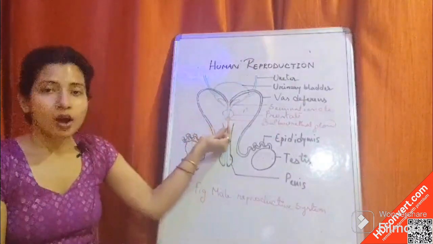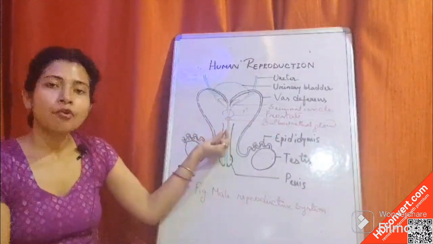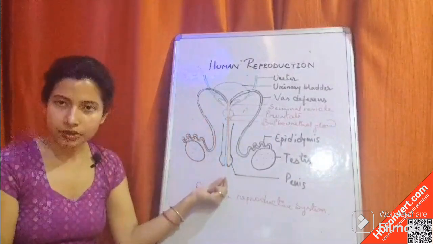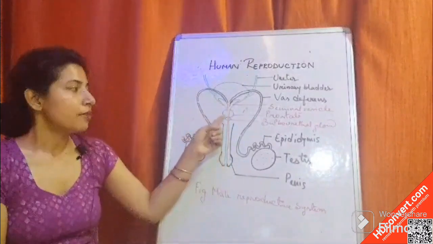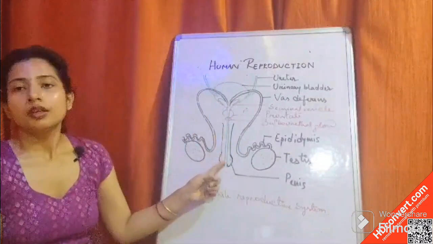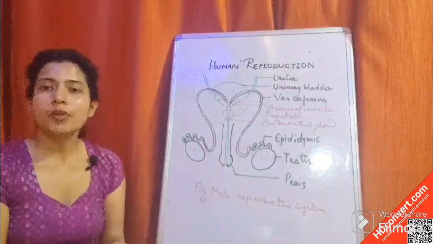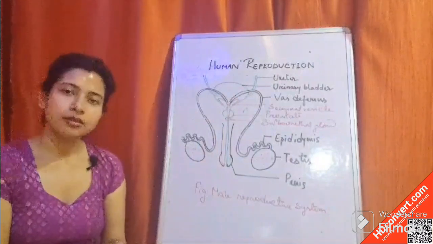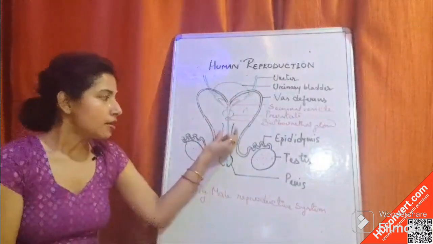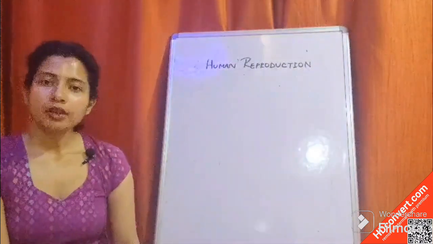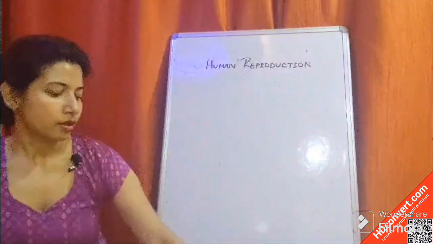So now the sperm along with the fluids of these three glands get released by this pathway. This is known as ejaculatory duct, and the sperm, now termed as semen, as it gets seminal fluid, and this is the external genitalia.